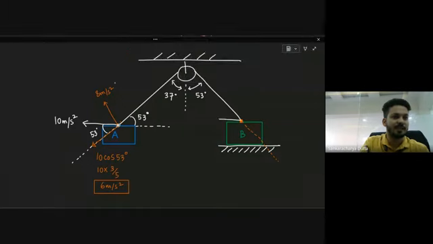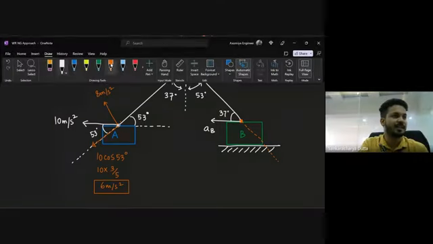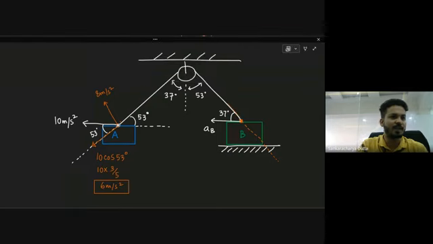This point is going in this direction with acceleration a_B. Can you guys tell me how much is this angle? 37. This angle here is 37 degrees. Absolutely correct. This vector is going to have two components, one along the string like this, right? You're with me till here? Yes, sir. And one perpendicular to it.